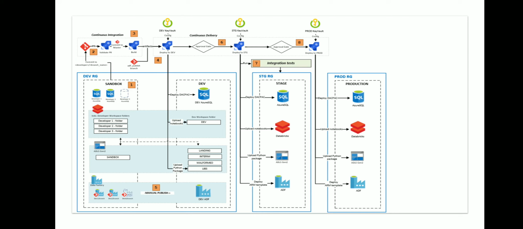As you can see, apart from the approval and just minor manual interventions, we are not using any manual effort to move things from dev to staging, and from staging to production. It's all automated, and that's the beauty.